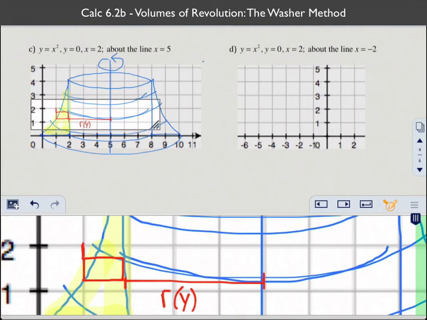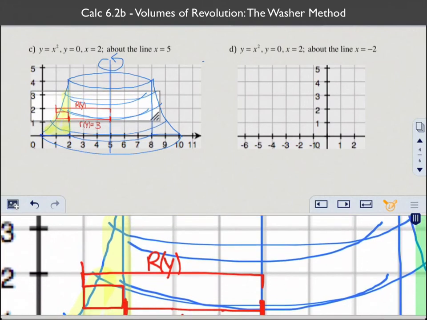And then on the outside, from here over, that's going to be our capital R of y. Now, to find this, our small r, you can see very easily it goes from the line x equals 2 to the line x equals 5. And so this is just going to be 5 minus 2 is 3, and you can see that it is 3 wide there.